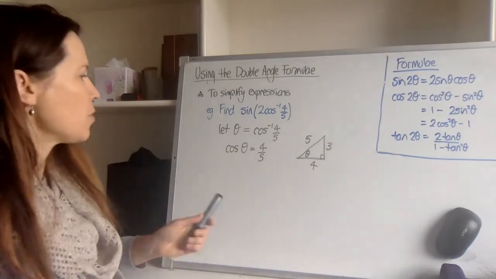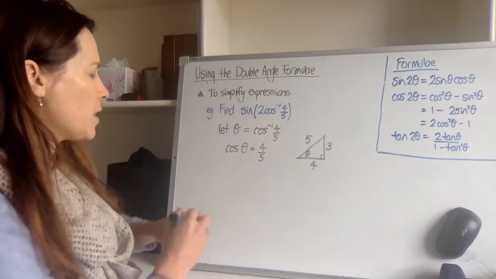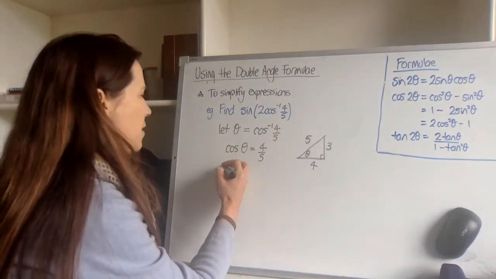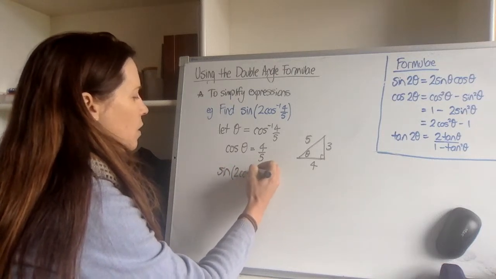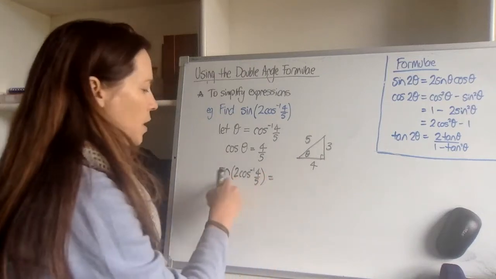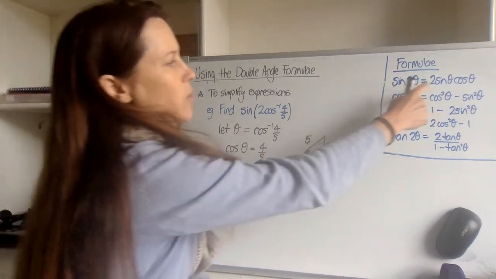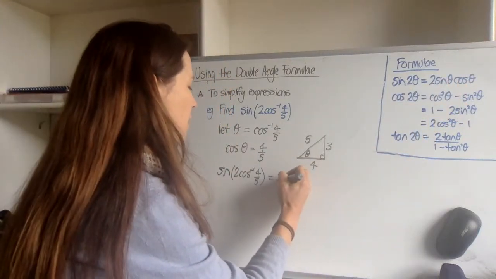Now, why do we want to do that? Well, effectively what we have here is sine of 2 theta. So if we rewrite what we had then, we can say that sine of 2 inverse cos 4/5 is equal to sine 2 theta. Now sine 2 theta is 2 times sine theta times cos theta. So we can write this down now.